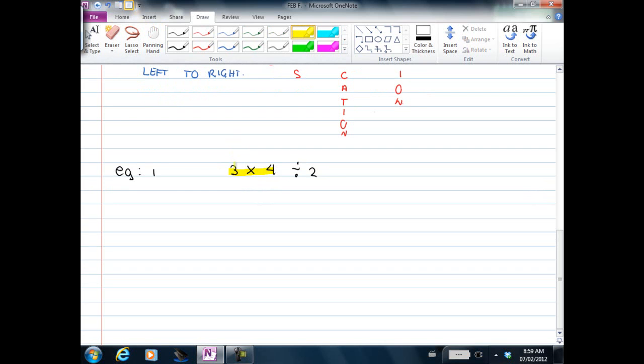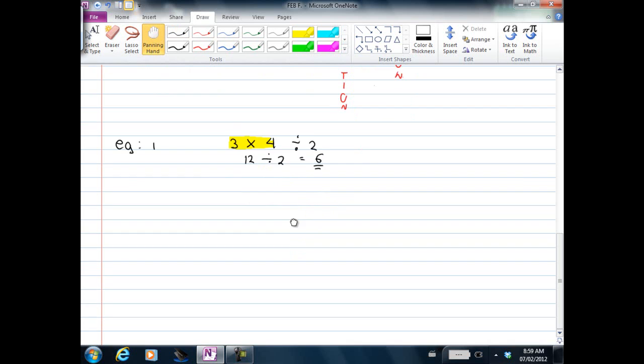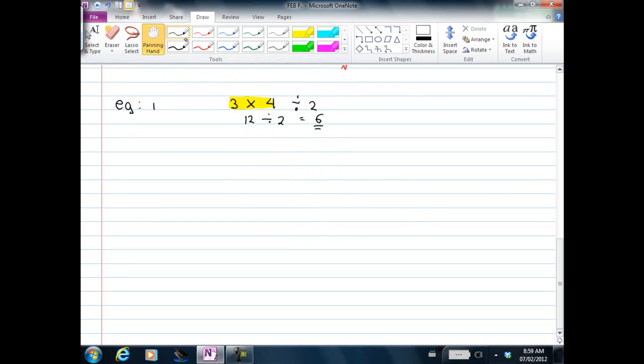3 times 4. 3 times 4 is 12, is correct. 12 divided by 2. 6. Your answer is 6. That was easy. Now some say, Miss Snow, we could have done 4 divided by 2 first. It works. I'm going to give you an example why this doesn't work.